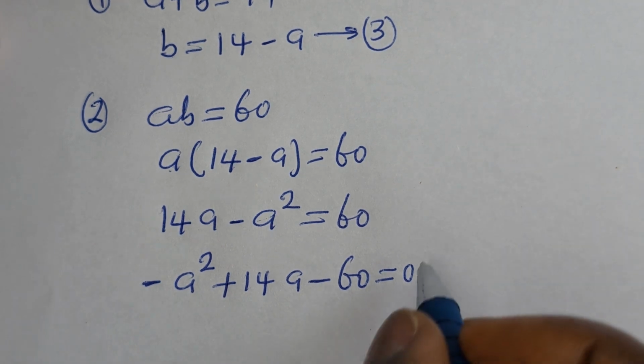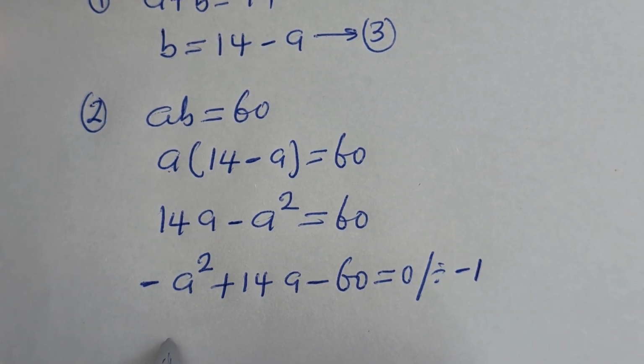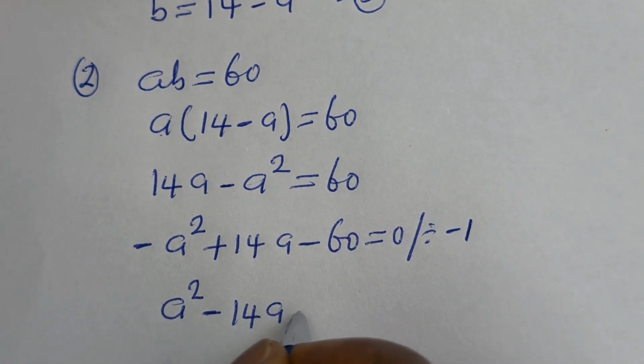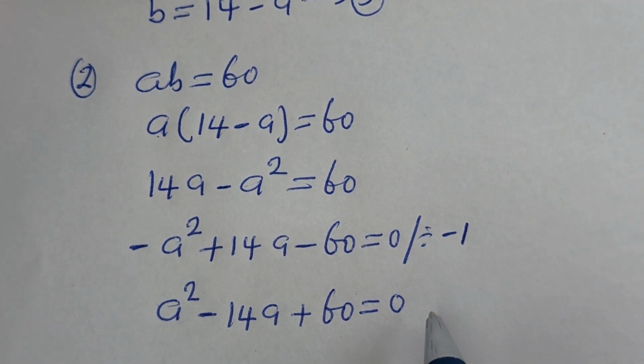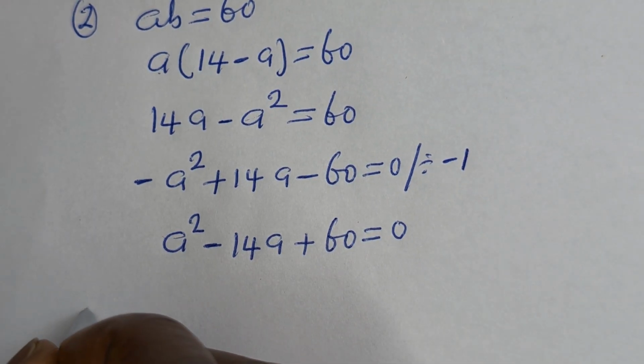If you divide all through by minus 1, this is A square minus 14A plus 60 is equal to 0. This is a quadratic equation. Let's solve this using the quadratic general formula.